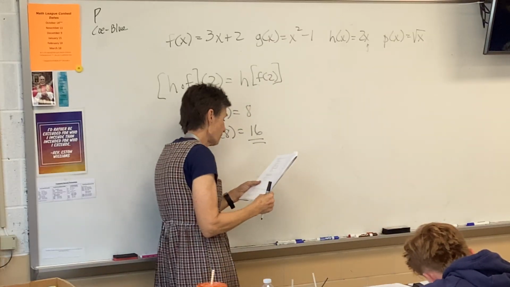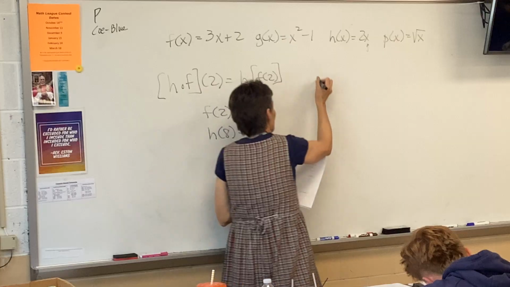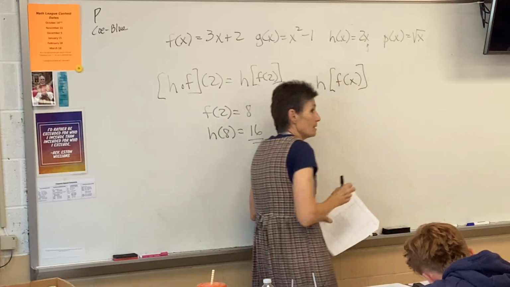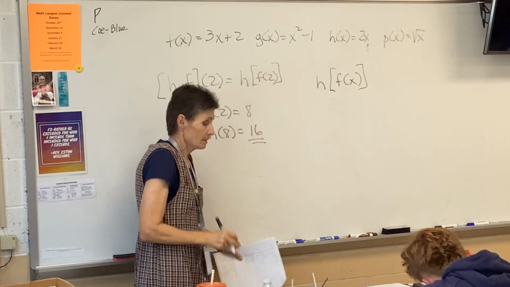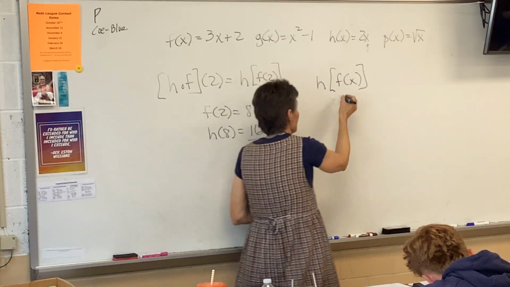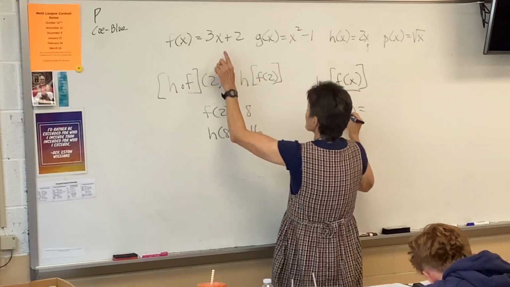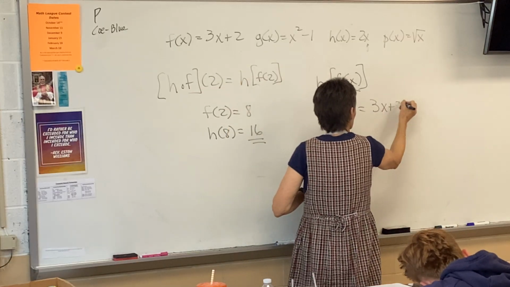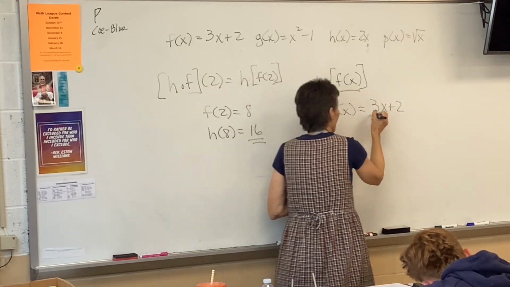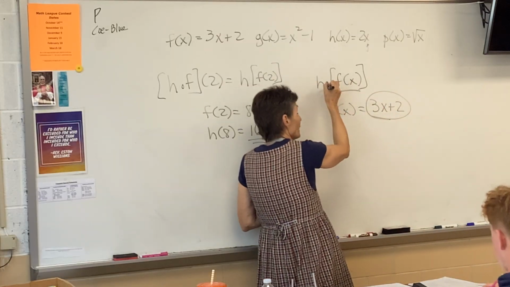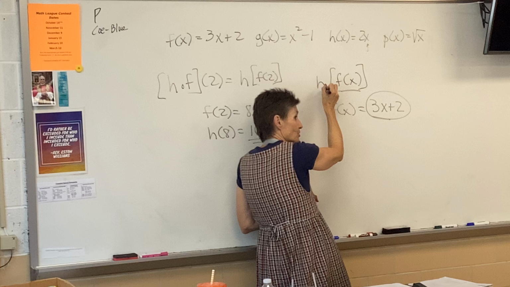What's a little bit different about C? We put the h function into the x. There's no number, right? So this says, take the f function, which is 3x plus 2, and take the whole darn function and plug it into h.